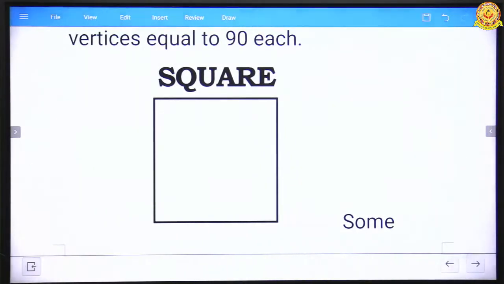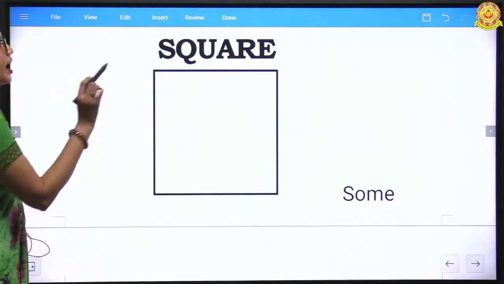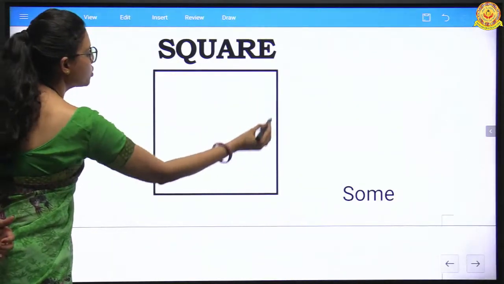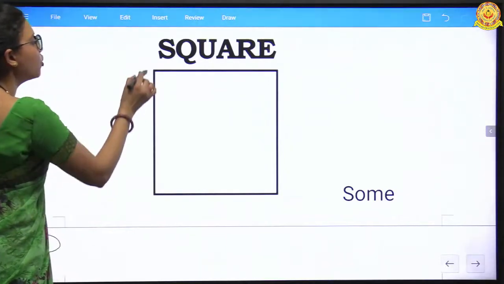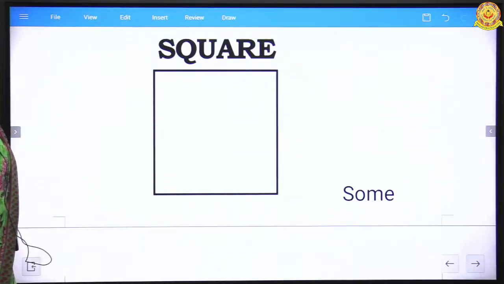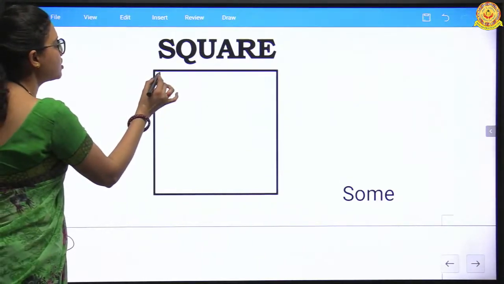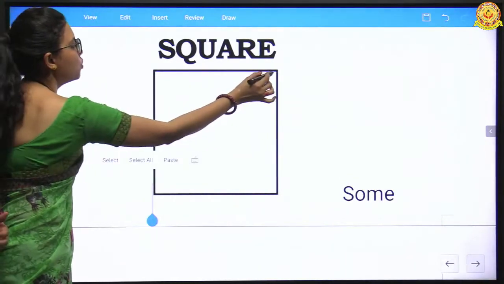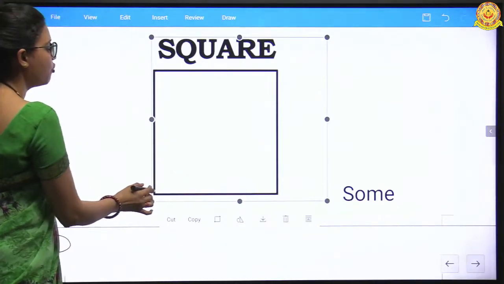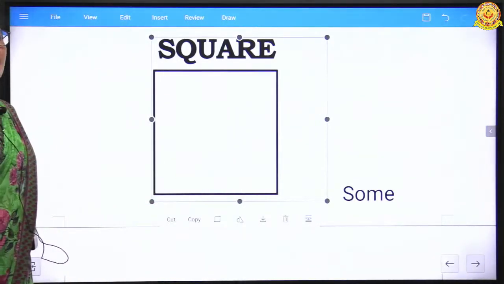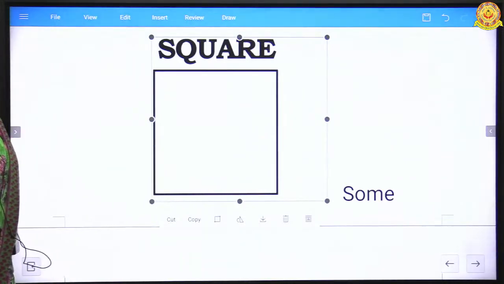Look at the square. It has four sides. These are the sides. 1, 2, 3 and 4. Similarly it has four corners. 1, 2, 3 and 4. All the four sides are equal in a square.